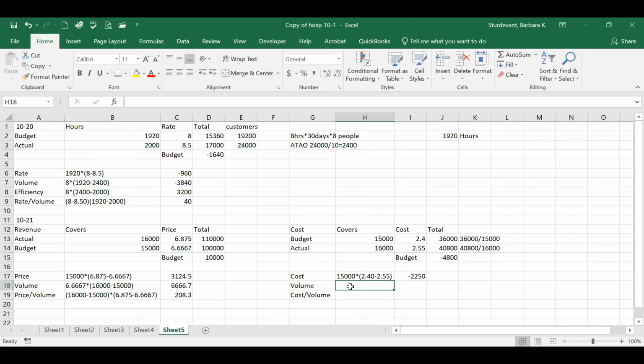Okay, volume, again, in the parentheses is now the volume, which is covers. Budget first, because it's an expense, multiplied by your other, which is your cost.